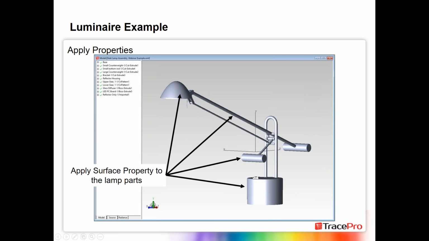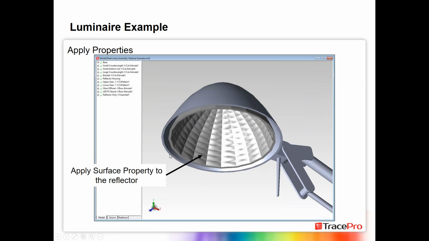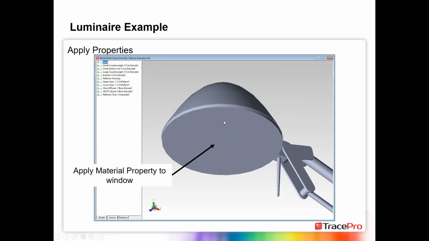So the steps to this process, once we've brought the model into TracePro, we'll go through and we'll apply some surface properties to the lamp parts. We'll apply a surface property, in this case a mirror property, to the reflector itself. Apply a material property to the window that goes in front of the reflector.